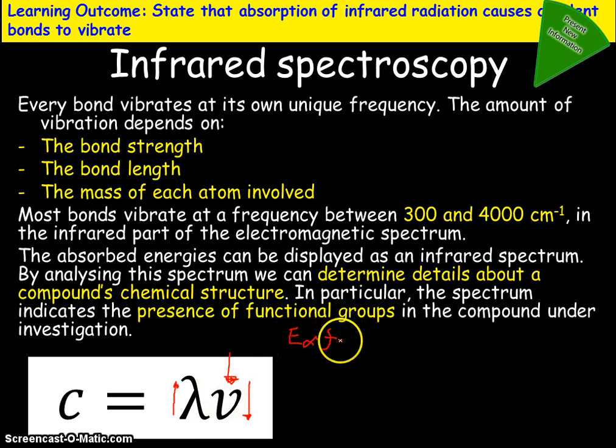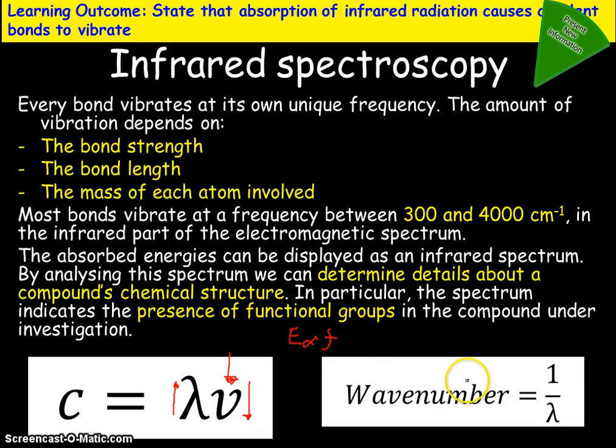So energy is directly related to frequency, but because wavelength is inversely proportional to frequency, we want something that's directly proportional. So we use wave number. Wave number is 1 over the wavelength.